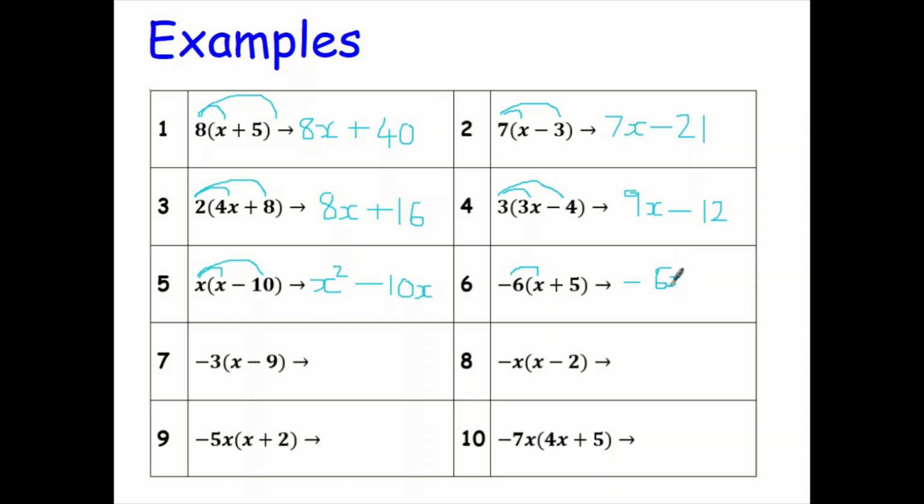But minus 6 multiplied by positive 5 is minus 30. Okay, minus 30 there. Just make this a little bit neater. This is an x here. This is minus 6x.